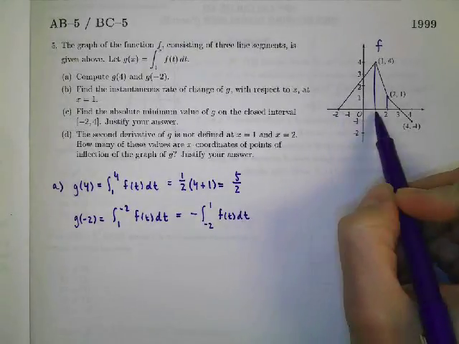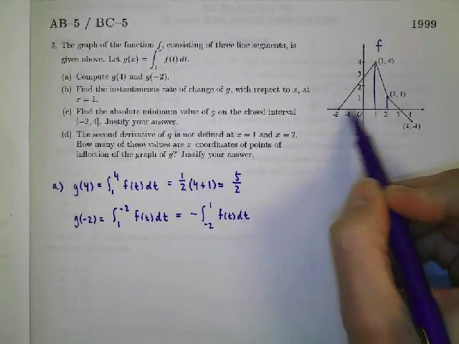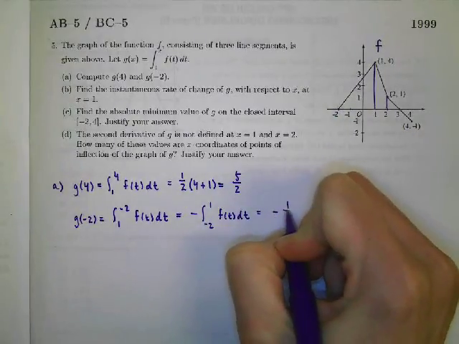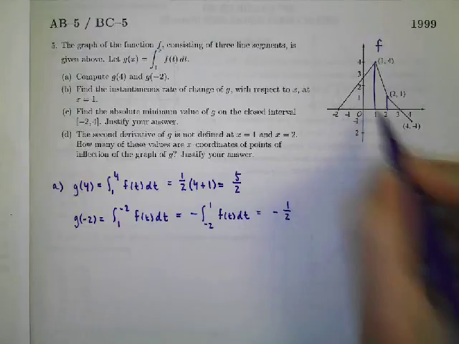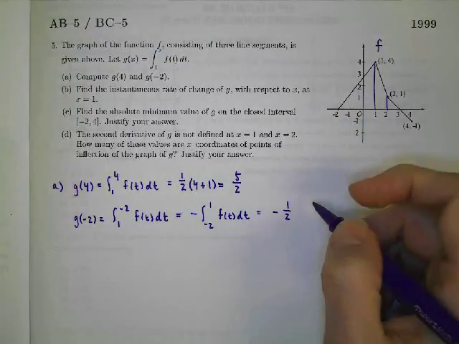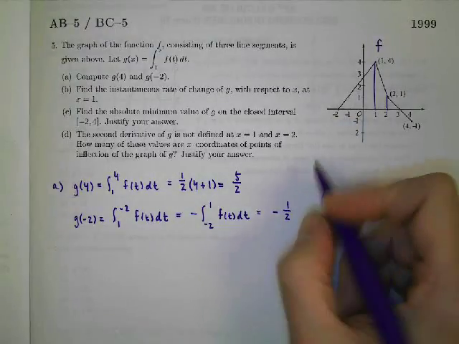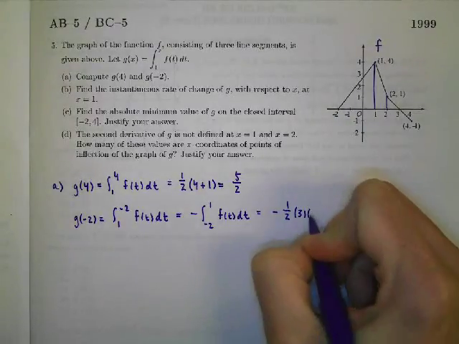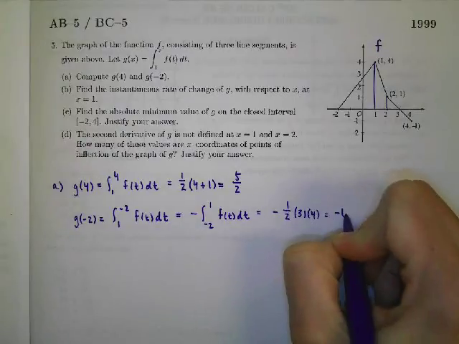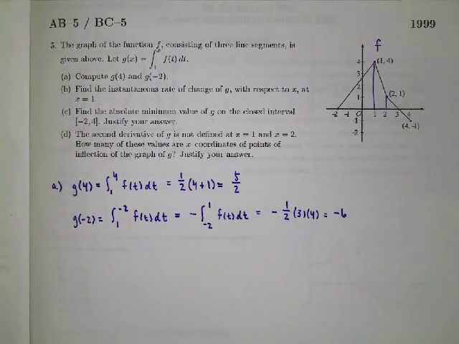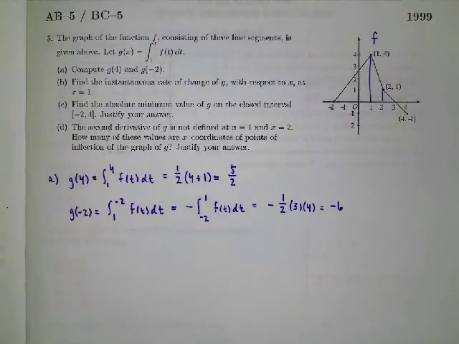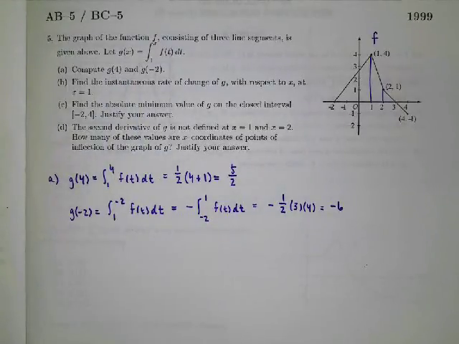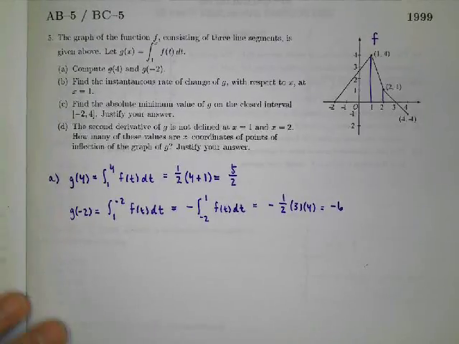Now, from negative 2 to 1, it looks like I just have this triangle. So I have negative 1/2, my base is going to be 3, and the height of my triangle is 4. So that value is negative 6. So that's part A, just showing the computations for how we calculate g of 4 and g of negative 2 using areas.